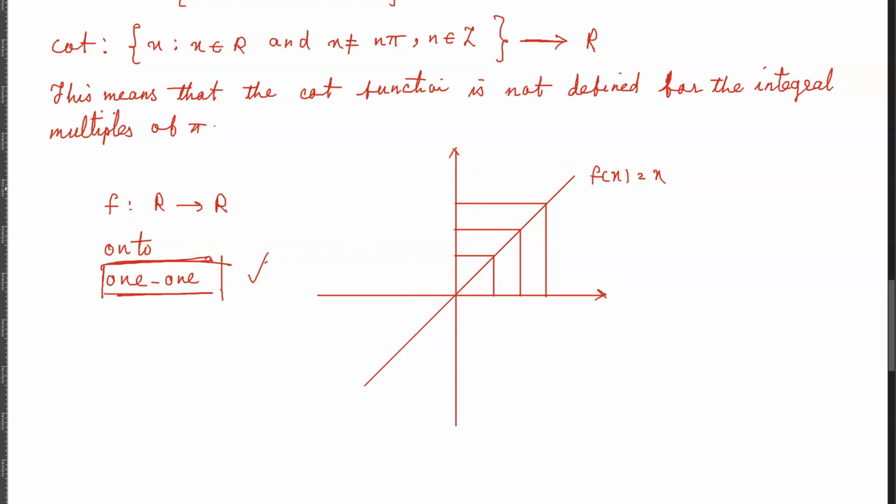Any element that I take here, I can trace it back to the graph of the function, and then the function gives me an input which can be used to get to that element. So the function is onto, right?